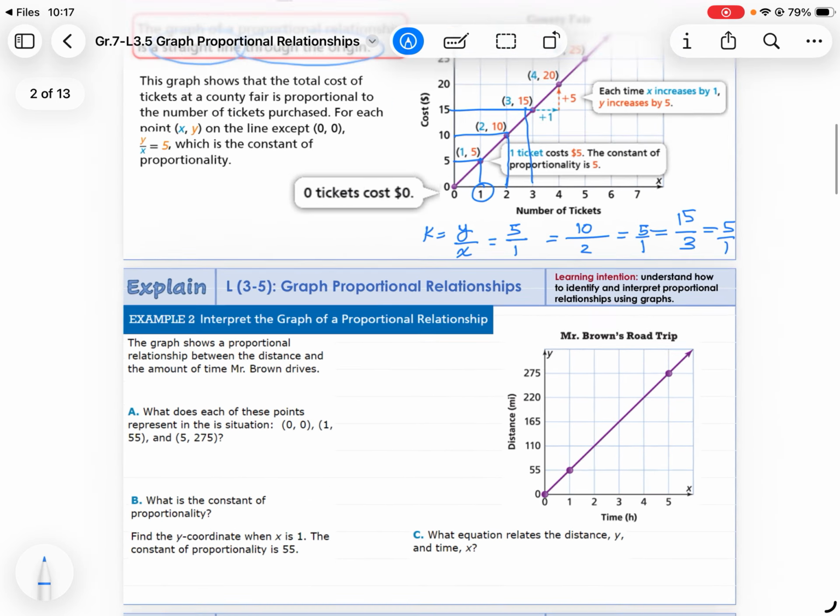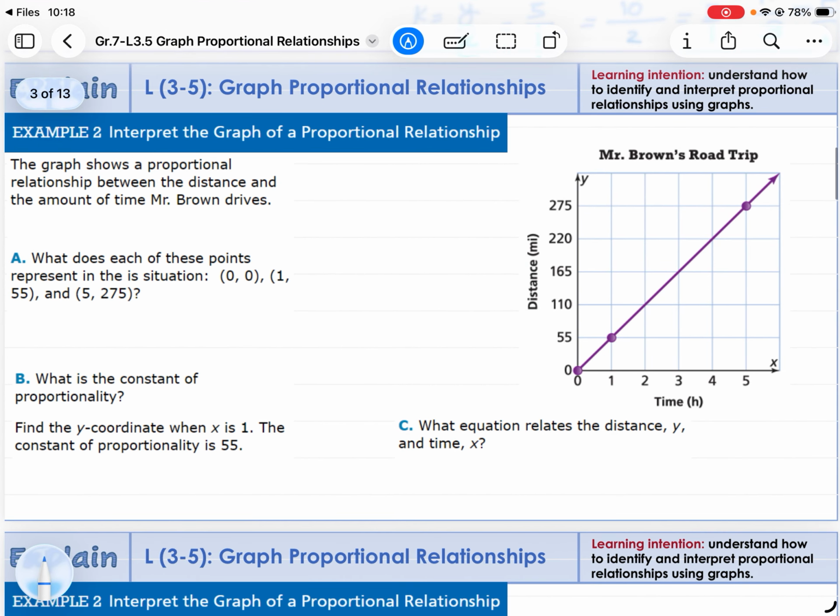So let's move on to another real life application about interpreting the graph of a proportional relationship. The graph shows a proportional relationship between the distance and the amount of time Mr. Brown drives. Now, part A, what does each of these points represent in this situation? 0, 0.